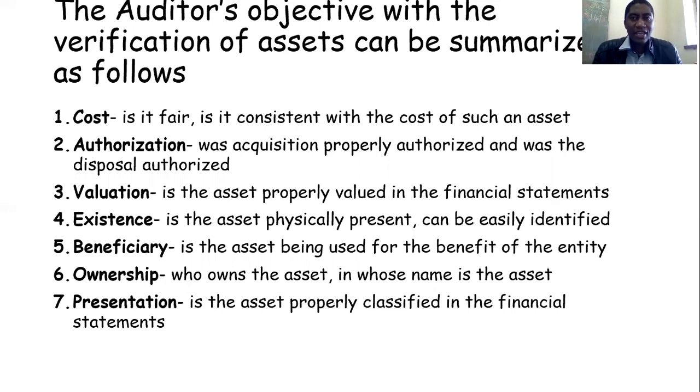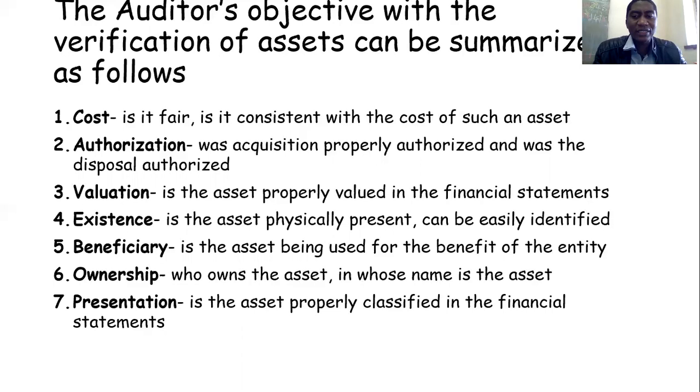People come together, they meet and discuss whether they should buy the asset, for what purpose they should buy it, and to whom that asset is going to benefit. So was it authorized to purchase that asset? Did people meet? Which means we should have valid minutes for the meetings that happened for us to purchase the asset, people agreeing and justifying the need for the asset.